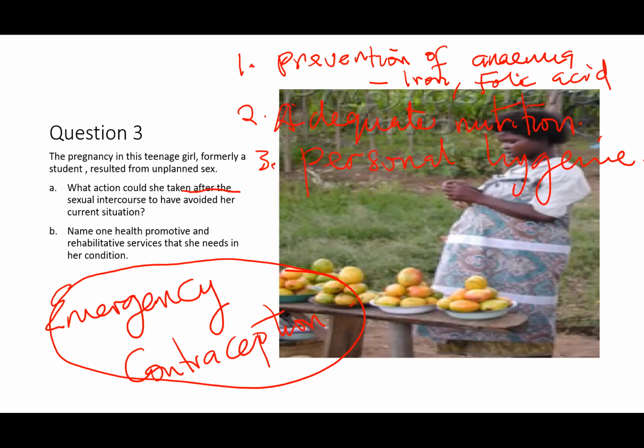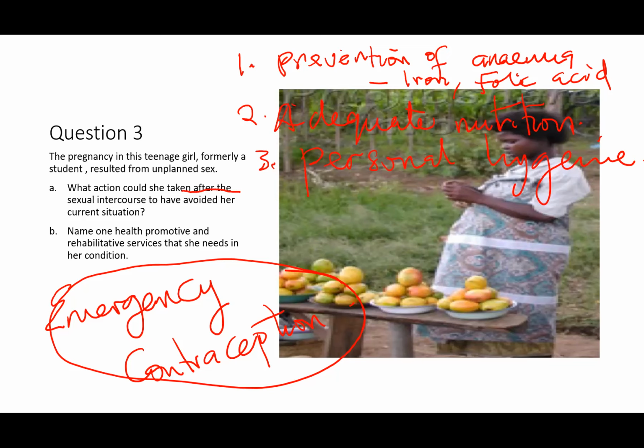The second question says, name one health rehabilitative service. What are the rehabilitative services that she needs in her condition? Now, you should know that the rehabilitative needs will include occupational. And you know, most of these young teenagers, when something happens like this, are abandoned. And this will lead to all the problems you are afraid of.